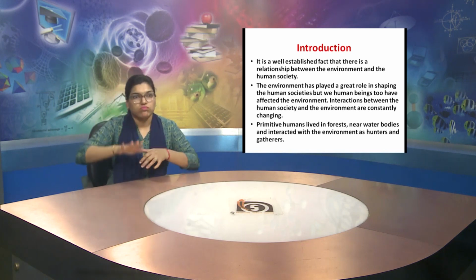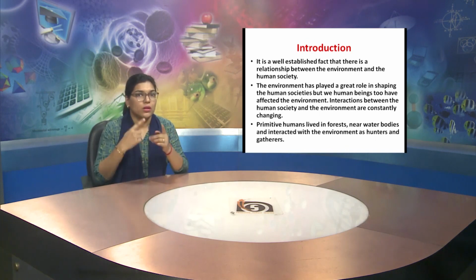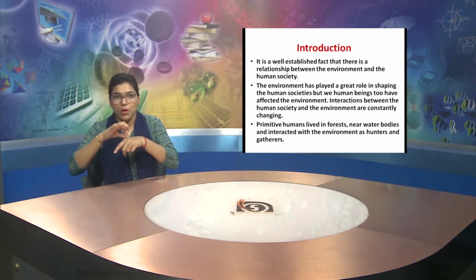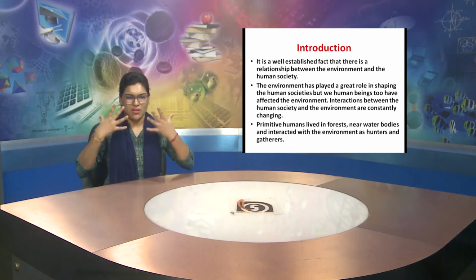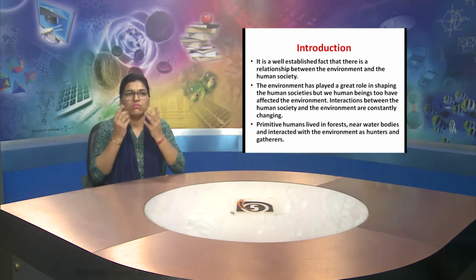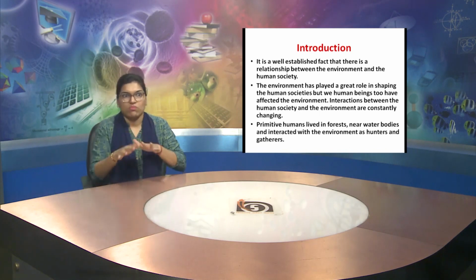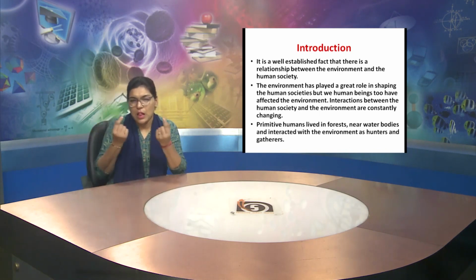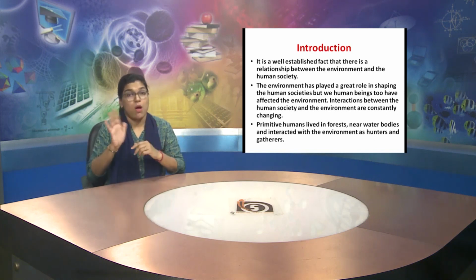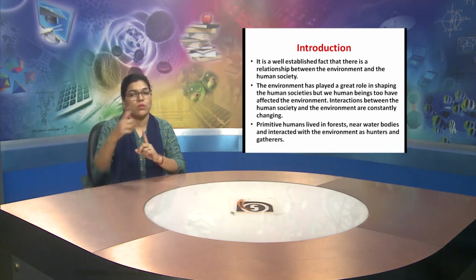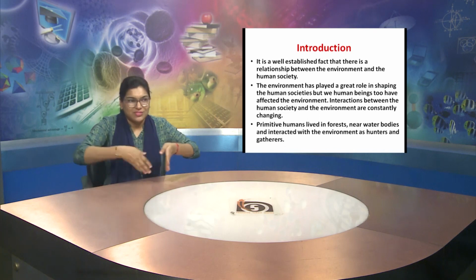During earlier days, the primitive humans lived in forests. And at that time, as we all know, the humans had a different physical structure which was completely different from the modern day human.